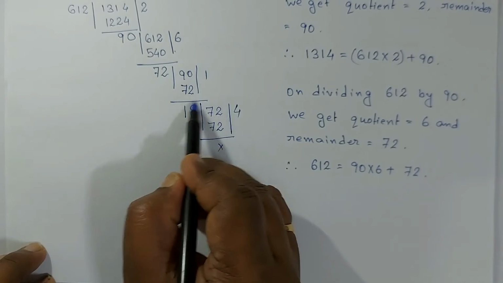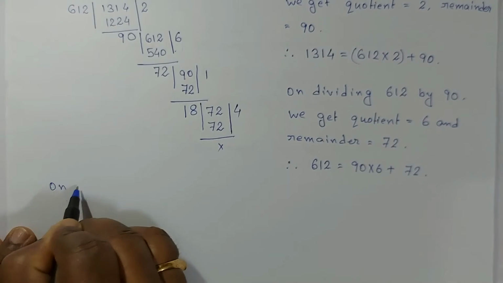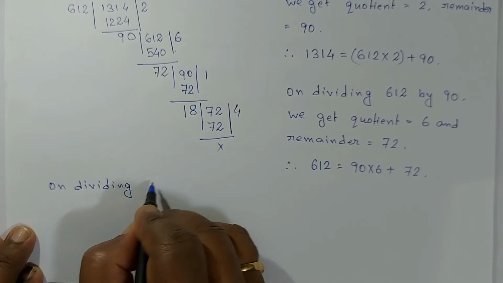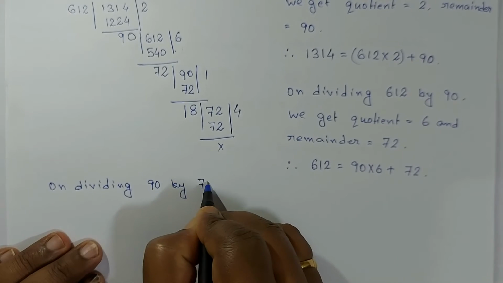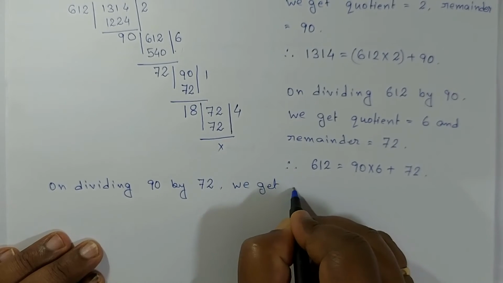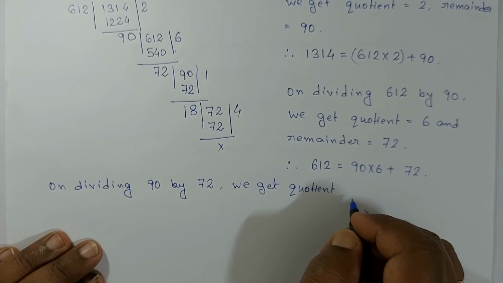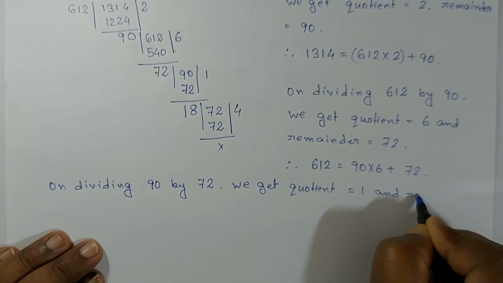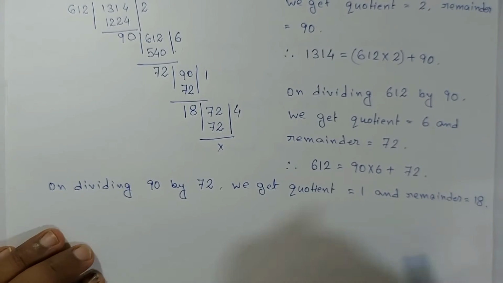Then we do this. For this we will write, on dividing 90 by 72, we get quotient equals 1 and remainder equals 18.